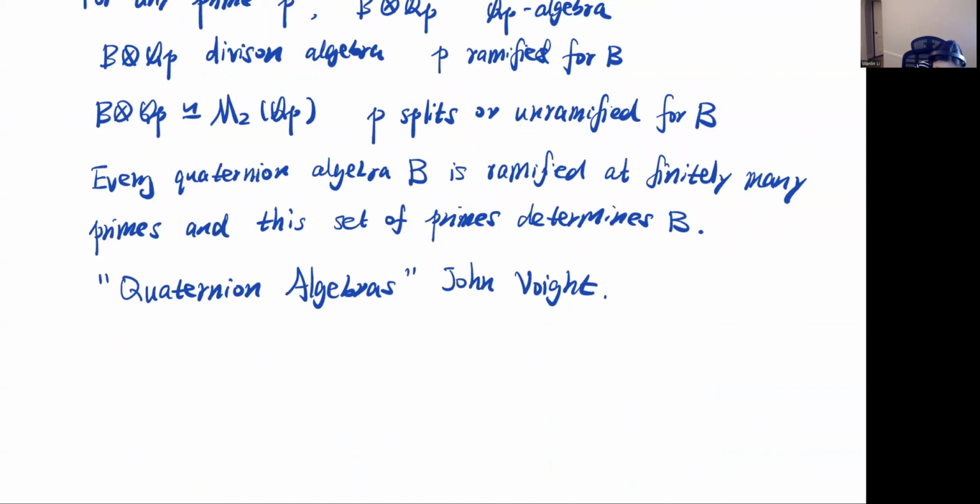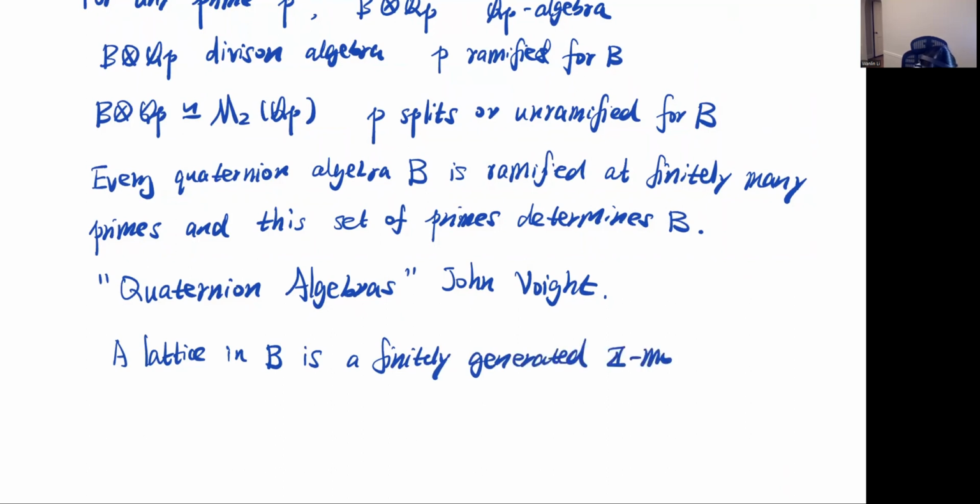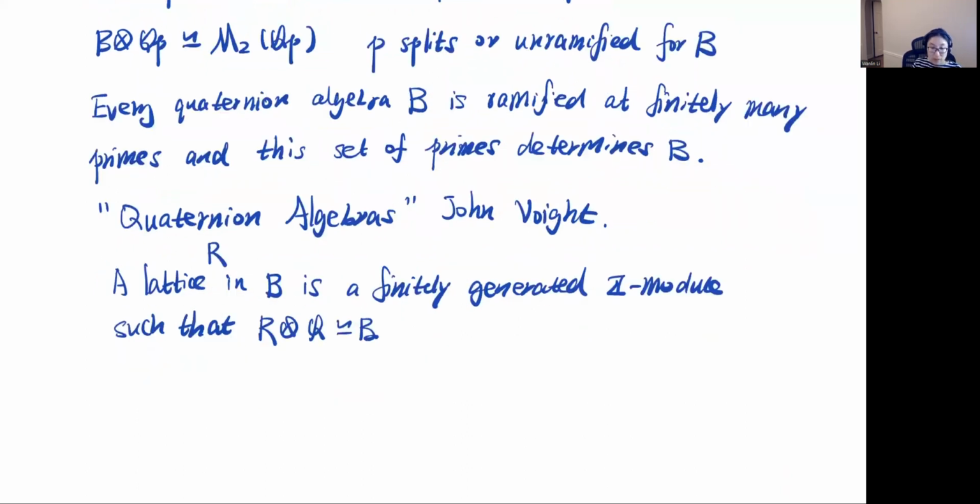First of all, a lattice in B is a finitely generated Z-module, which I will call R, such that R tensor Q is B. This is a lattice, and then an order O in B is a lattice which is also a subring.